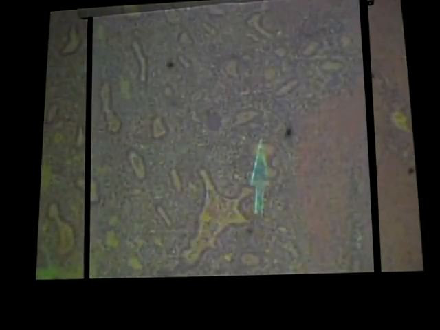Notice you have the endometrium kind of breaking up here and pulling apart. So that's what happens during menstruation. This would be the menstrual uterus. You can see some parts are still a little bit thick.